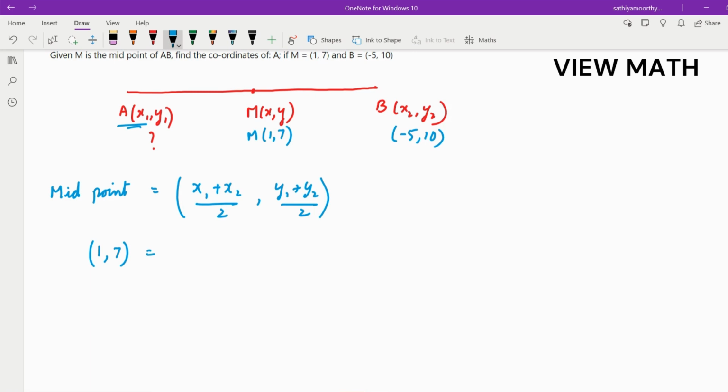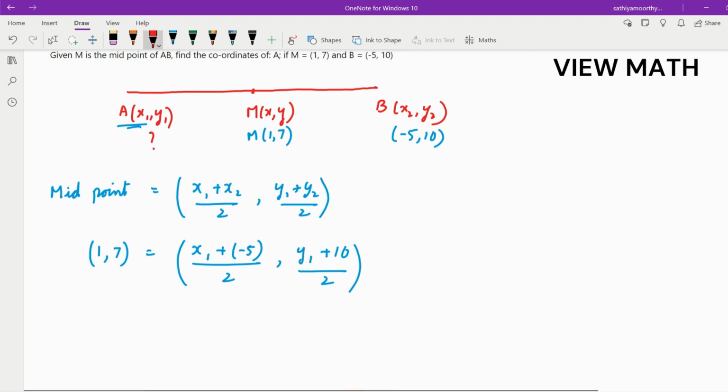This is equal to x1, which is the coordinate of A I have to find, plus x2, which is -5, divided by 2, and y1, which we have to find, so I'm writing it as it is, and y2 is 10, substituted, 10 divided by 2.